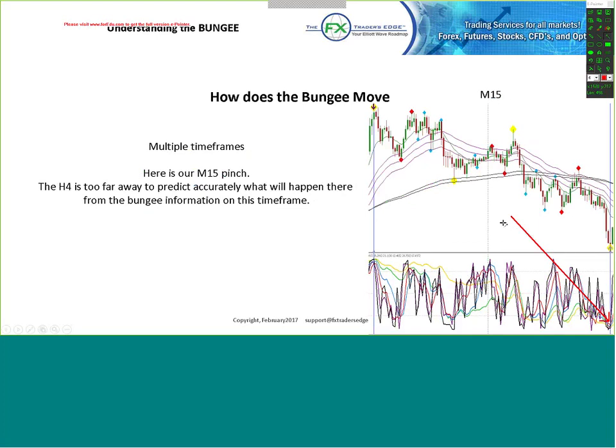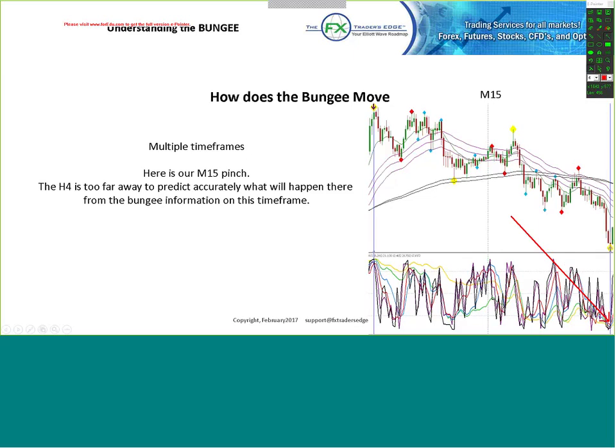Whereas on the H4, all we got was a relatively small move. Now in this instance, it's not helping us make a decision for the 4-hour trade, because this time frame is too far away from 4 hours. We're talking 16 candles for one 4-hour candle.